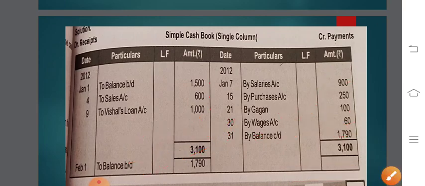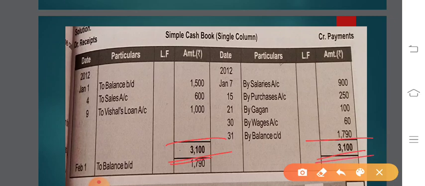As we have discussed, whichever side is greater, we write on both the sides. But after writing the greater total on both sides, what we are supposed to do is subtract the lowest total from the greater total.